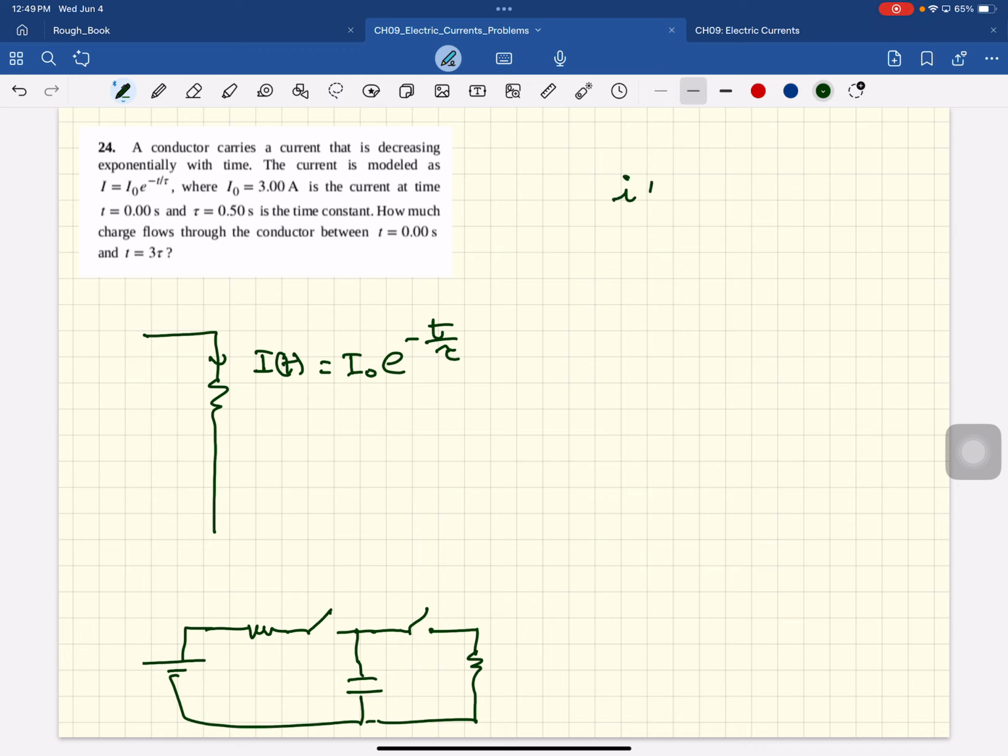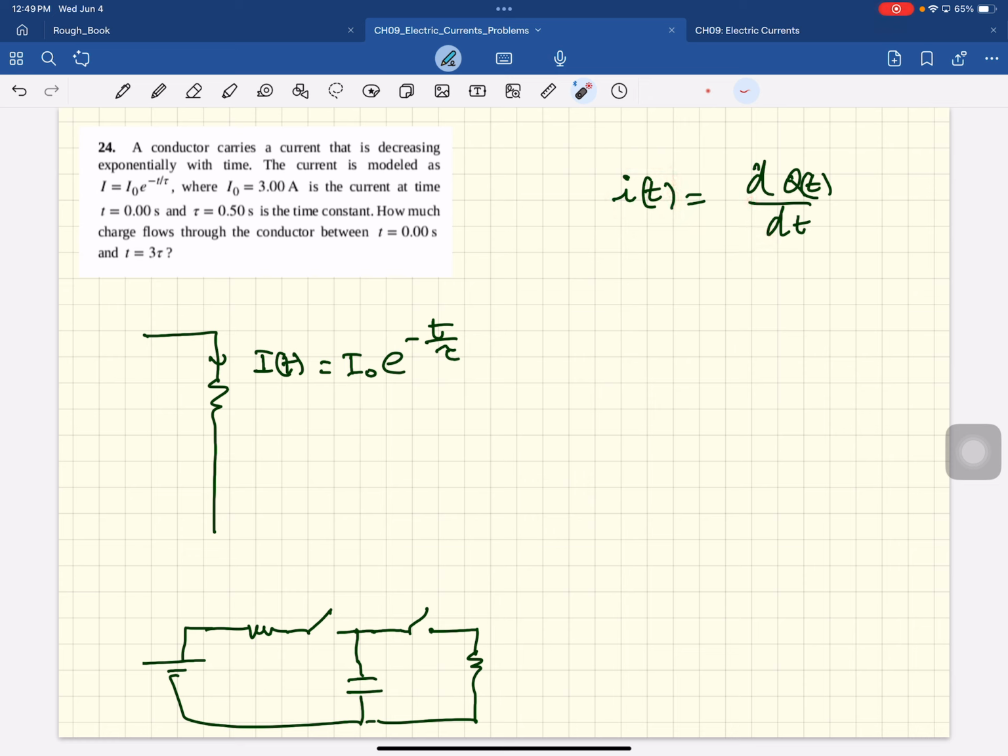Okay, I is dq by dt. What this is, q of t is the total charge that has flown after time t. And dq by dt is the rate at which the charge is flowing at that time.